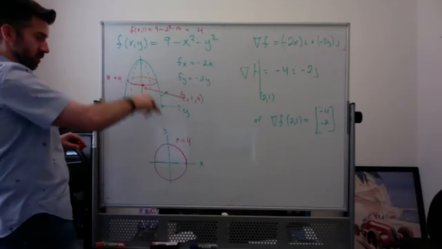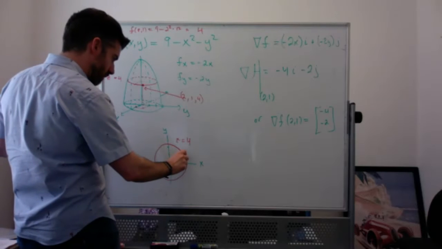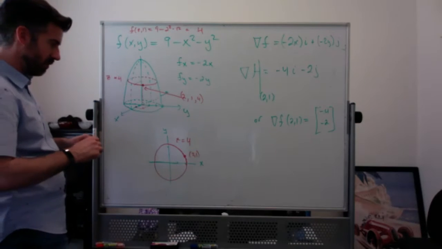I'm just drawing that circle in the xy plane. Here's my point, (2, 1, 4). Right? X is 2, y is 1, z is 4.